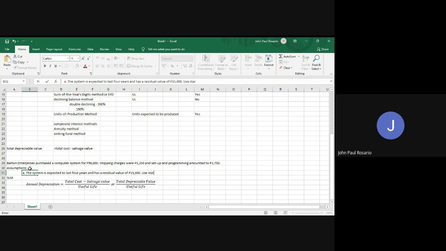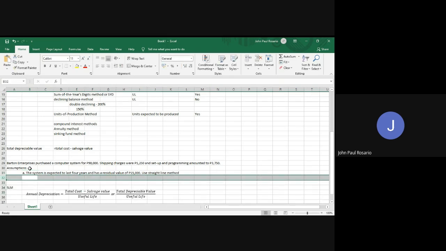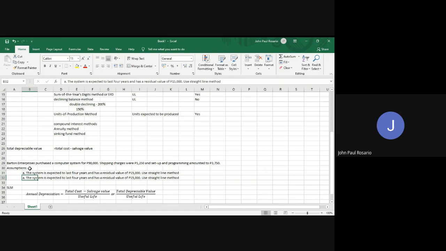Use straight line method. And then the second assumption would be the system is expected to last 4 years. Use sum of the years' digits. And then, so this is our letter B.